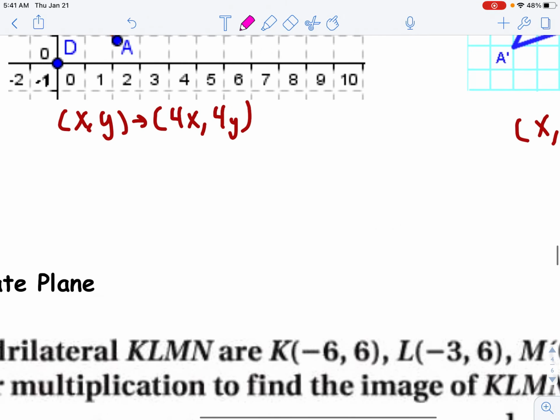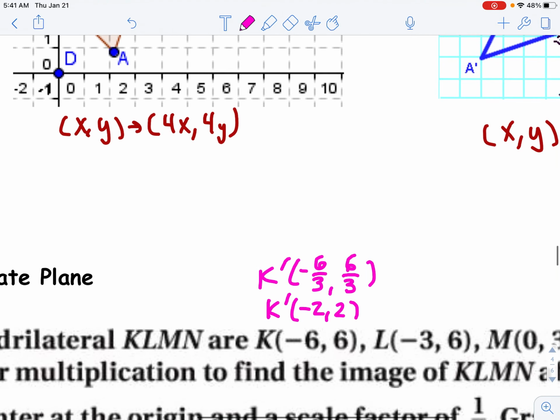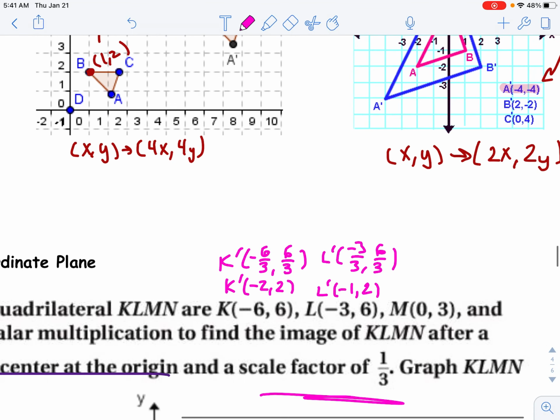Just to show too much work, K prime is going to be negative 6 over 3, 6 over 3. So K prime will be negative 2, 2. L prime will be negative 3 over 3, 6 over 3. L prime will be negative 1, 2. If you just want to write out the pairs, that's fine.